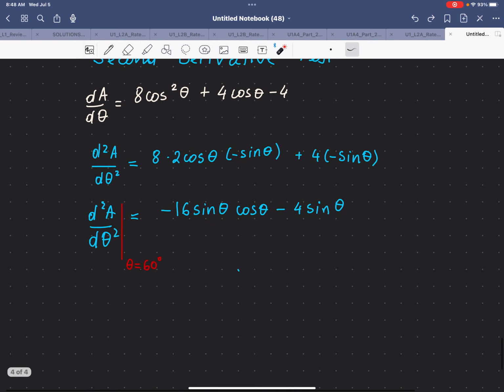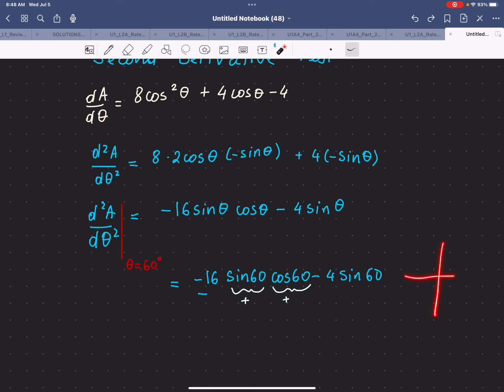Now let's take a look at all the signs in here. So as you can see, we have a negative 16 in here. We have the sine of 60 and cosine of 60. That's what we are substituting. And then we have minus 4 sine of 60. So what that means is that for sine 60, we know that we have a positive number, and same for cos 60, because 60 is in the first quadrant, and in the first quadrant, all ratios are positive.